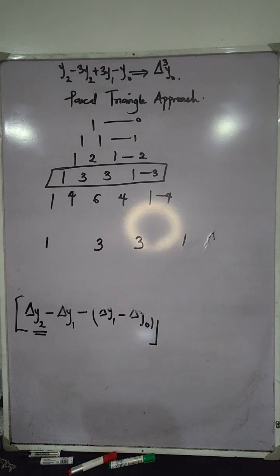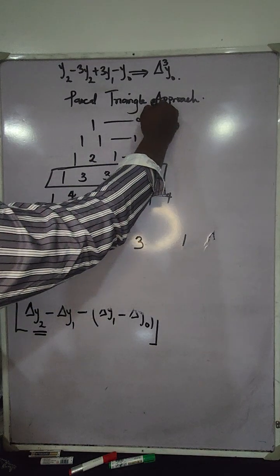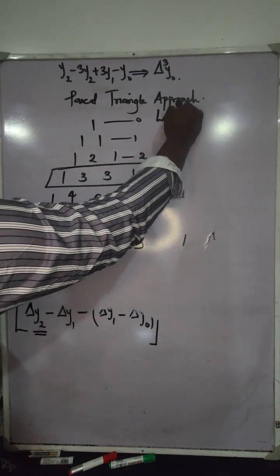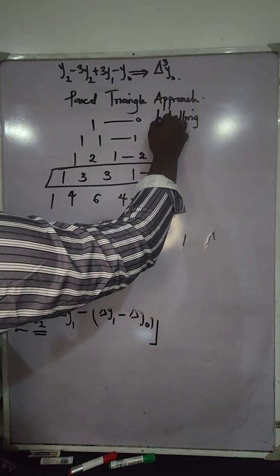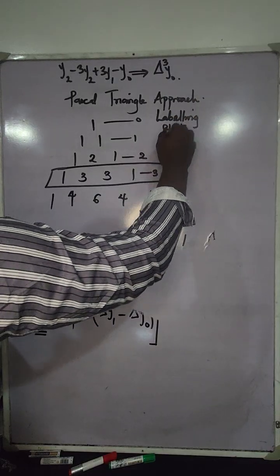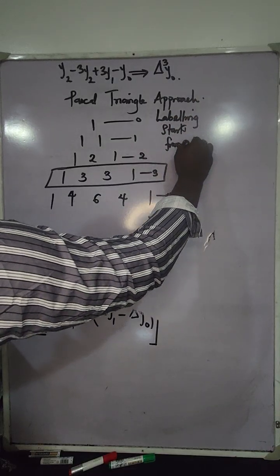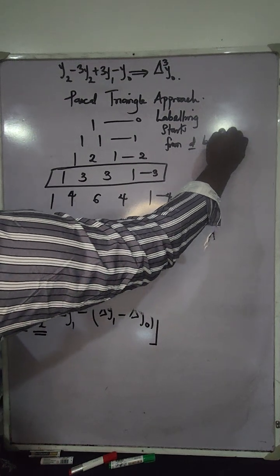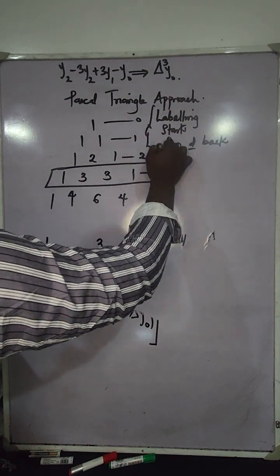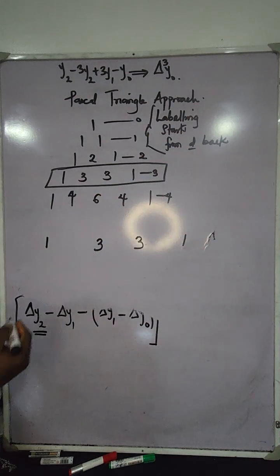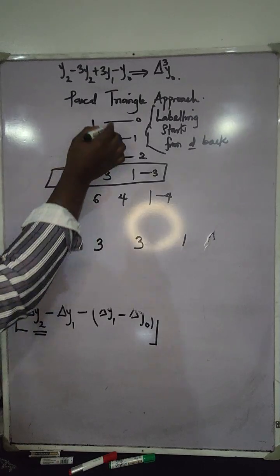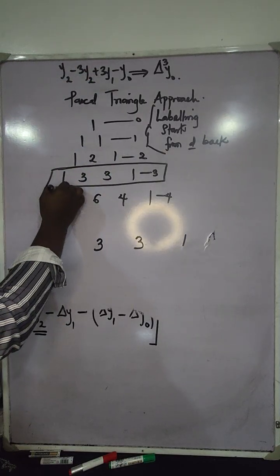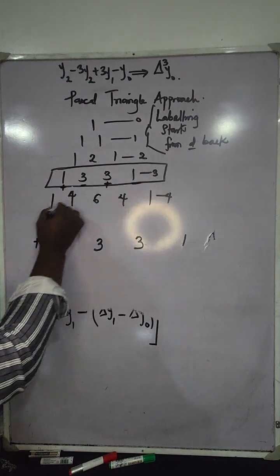So when you are using a Pascal triangle approach, your labeling starts from the back. Let's not forget, the signs alternate: plus, minus, plus, minus.